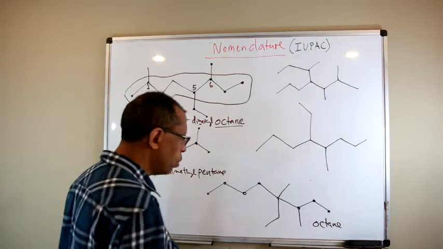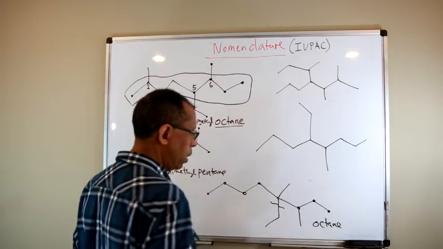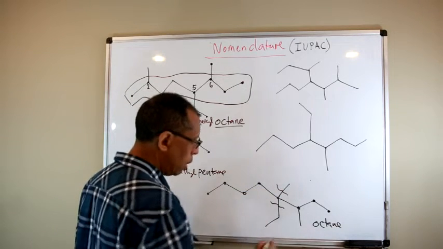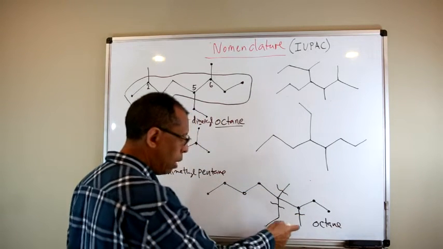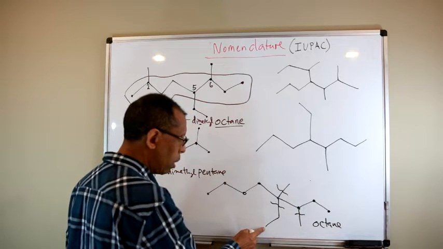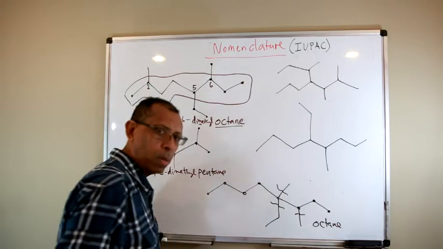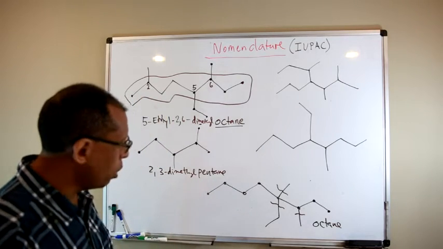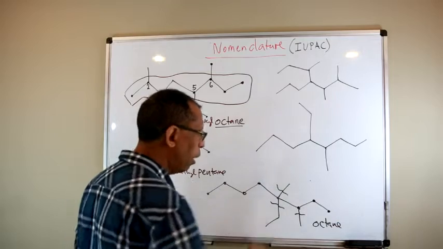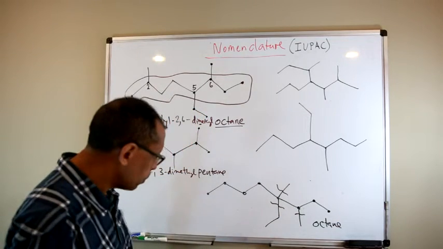Now my substituents would be, this is my substituent in that chain, this is another substituent, and this is another substituent: methyl substituent, ethyl substituent, methyl substituent, one carbon. So remember what we said about substituents. They are attached directly on the longest chain.